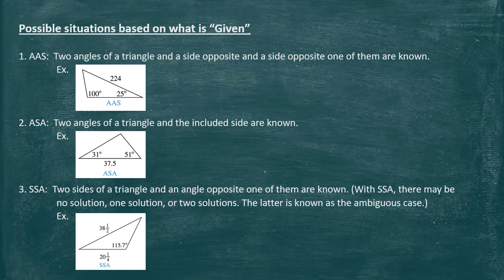We're going to have 2 consecutive sides and then the angle that's not included, so it must be across from one of the sides that was provided. This particular one is what's called the ambiguous case in most math textbooks, but that'll be something we discuss a little bit later. We'll go through and see what a 2 solution situation is, what a 1 solution situation is, as well as why maybe I wouldn't be able to even draw a triangle at all.